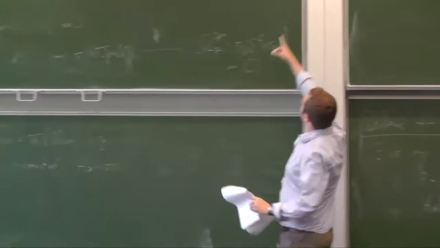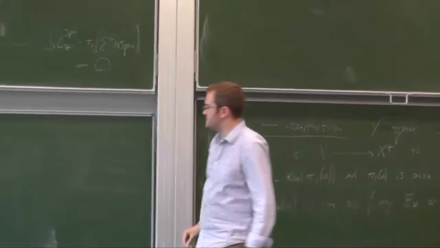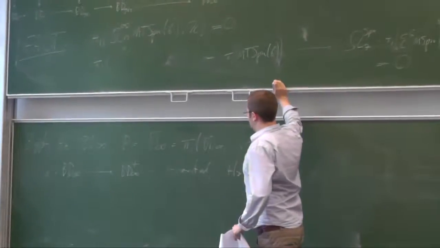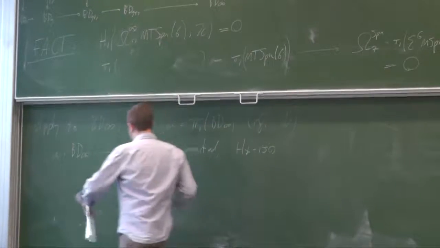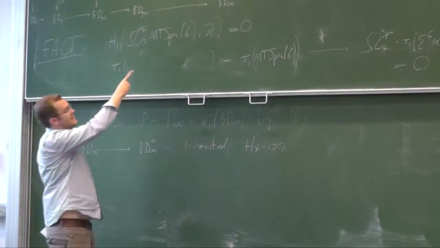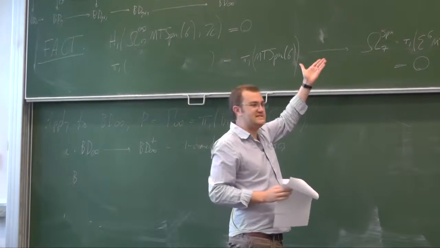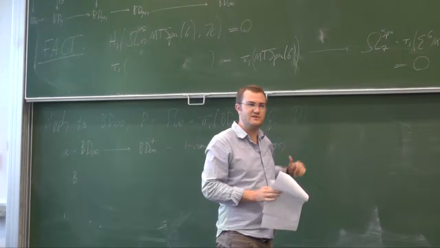I want to use the one represented by the infinite loop space, loops infinity MSpin 6. So what does that say? I want to think of my map alpha as being, which it is, a cohomology class in MSpin 6 theory of BD infinity.